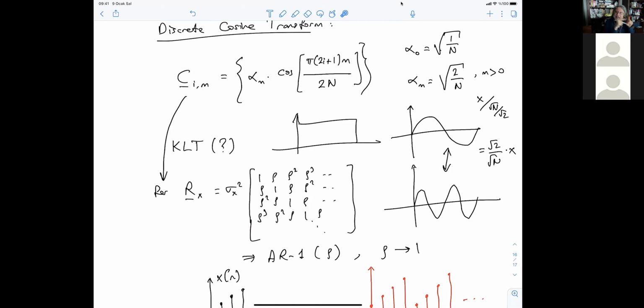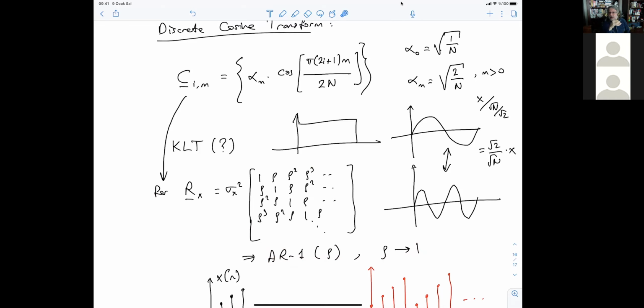So you can apply DCT safely inside this 8 by 8 block, and then another DCT within another neighboring 8 by 8 block, etc. So we split the situation into smaller blocks so that the correlations will obey the autoregressive one characteristics as rho approaches 1. Within the blocks, they work that way. But if you go far away, because of nonstationarity, the statistics may change, and we don't want that. That's why we split our signal into smaller chunks.